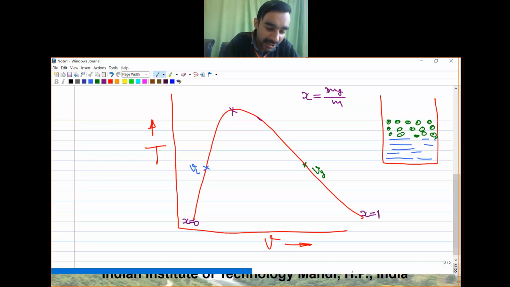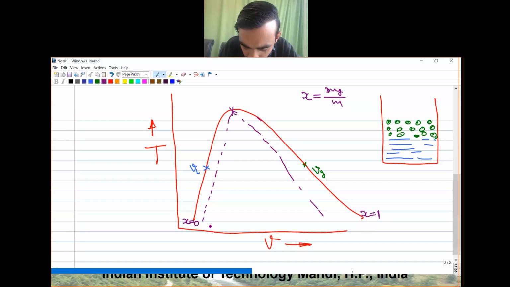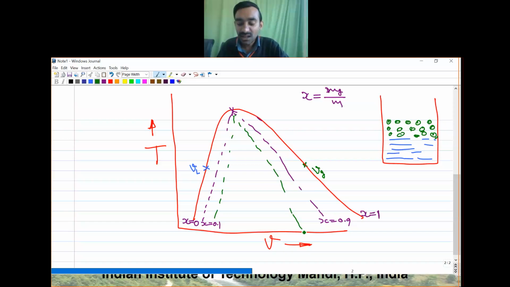Okay. Similarly, if you now try to plot multiple x lines, you may find something like this. So this will be x equal to say 0.1 over here and x equal to say 0.9 over there. Similarly, I will have multiple x lines here, which represent different phase fraction values.